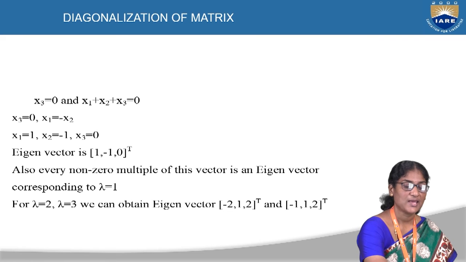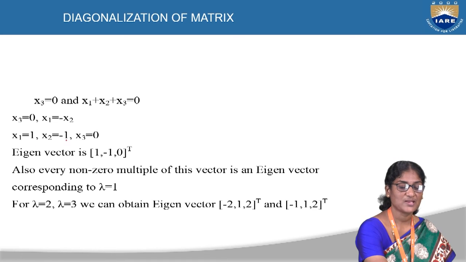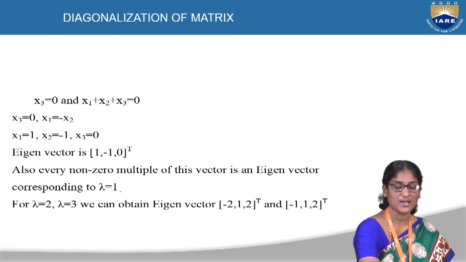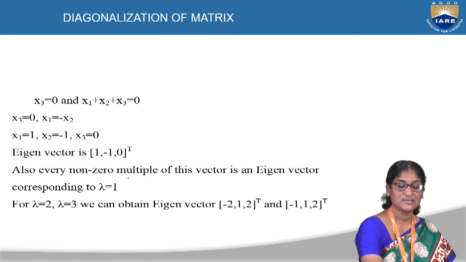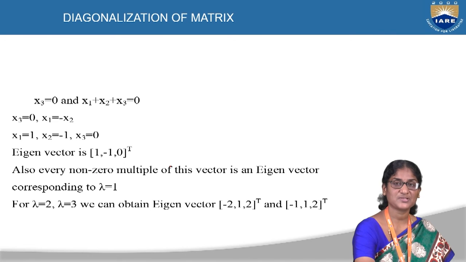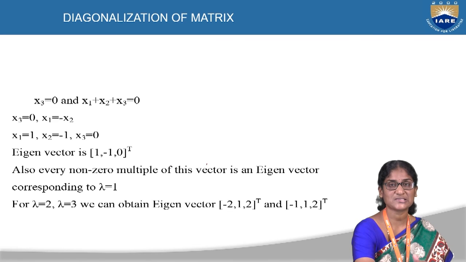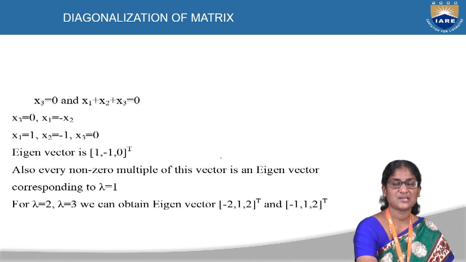So the eigenvector for lambda equal to 1 is (1, -1, 0). Follow the same procedure to find the eigenvectors for the next two distinct eigenvalues, lambda equal to 2 and lambda equal to 3.